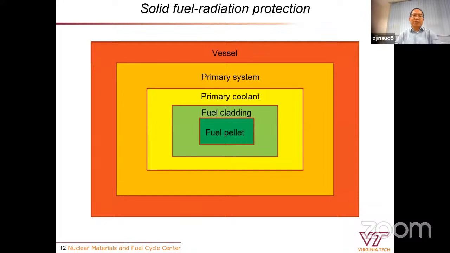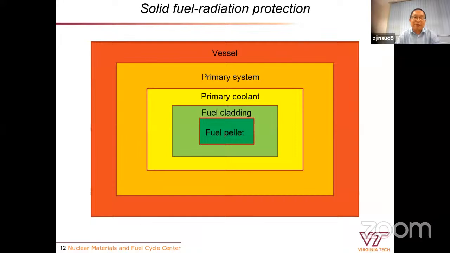Okay, so now we know the solid fuel, we know the reactor. For safely operating a reactor, we need to keep our radioactive materials in the fuel. We do not want the radioactive materials to be released. So for the solid fuel, we have 5 barriers to keep your radioactive materials in.